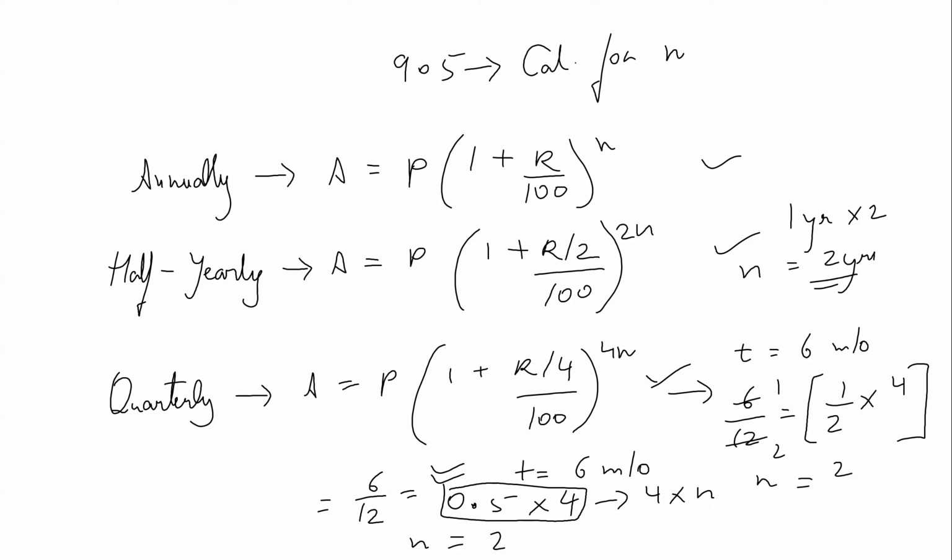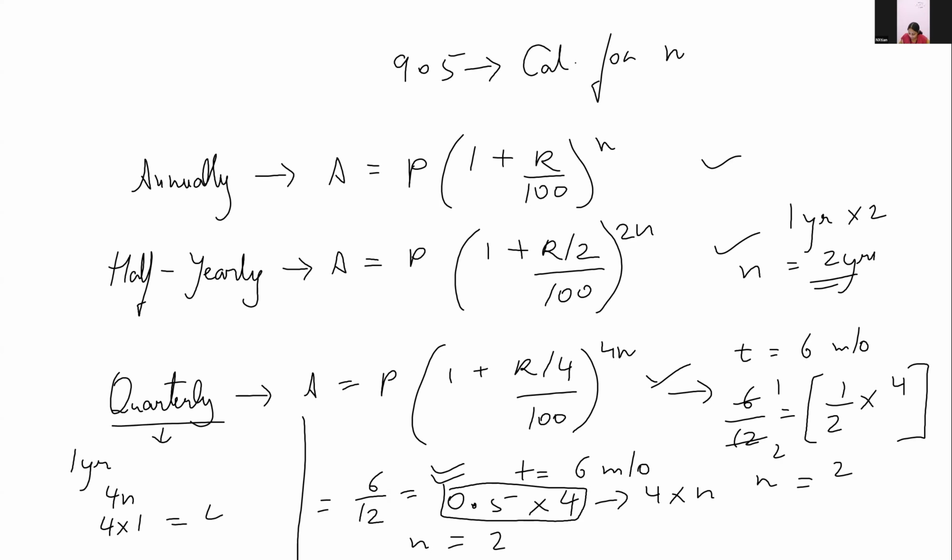First, you divide the months by 12. Then what you get, you multiply with 4. If you are having it in years, suppose I'm given 1 year in quarterly, 4n becomes 4 into 1.